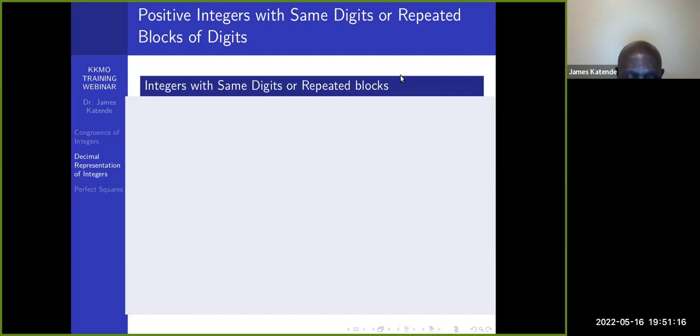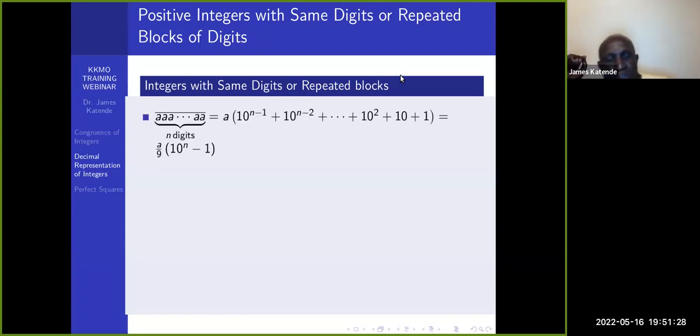Using those ideas, sometimes you have questions that work with integers that have the same digits or repeated blocks of digits. If you have a repeated block where it's an integer with all digits equal, and there are a total of n digits, then you can write it as, let's use a small example so that you see what I mean.